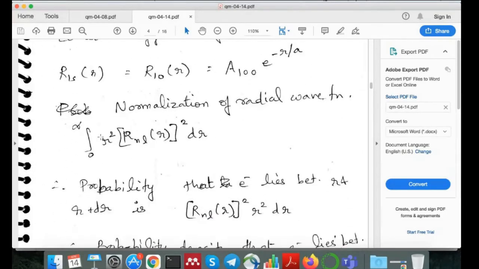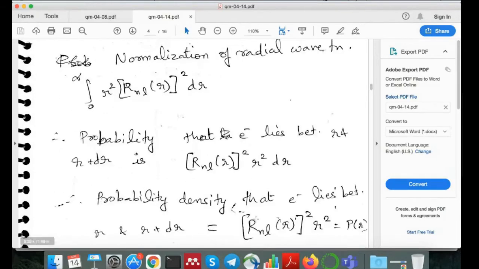Essentially, everything inside the integral represents the probability that the electron lies between r and r plus dr. If you just look at this term without the dr, then that represents the probability density.